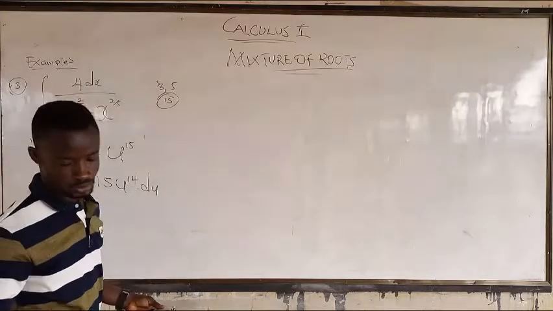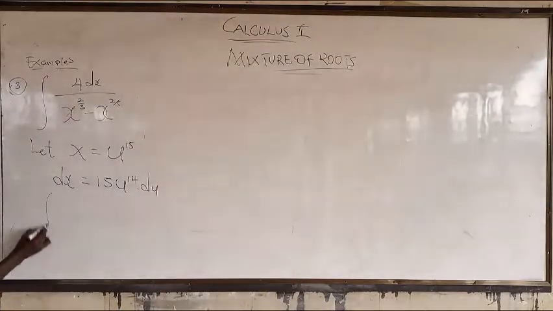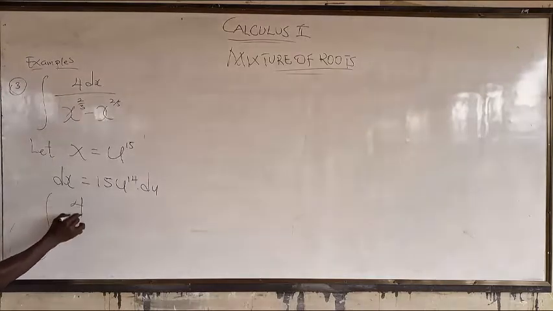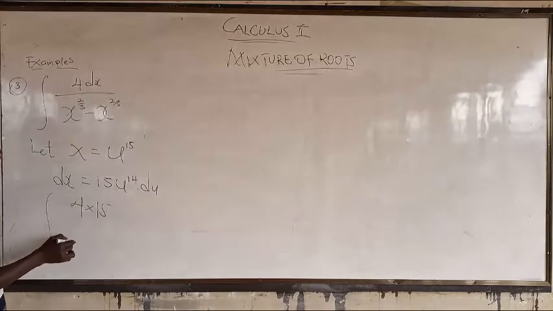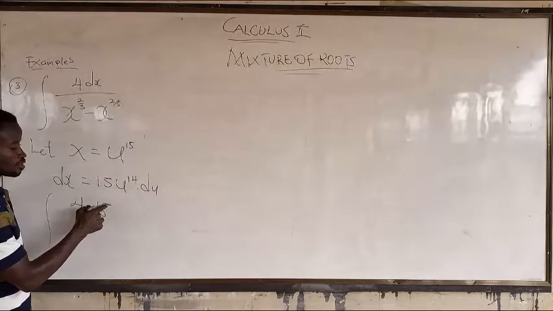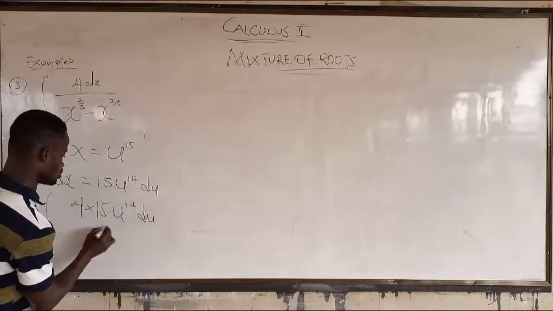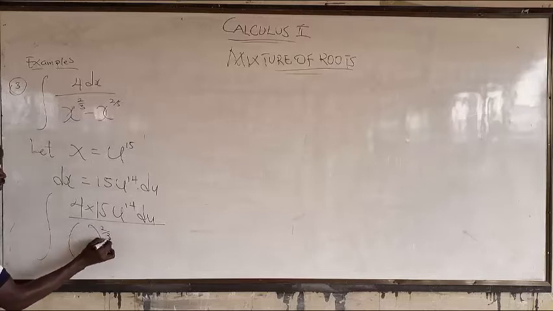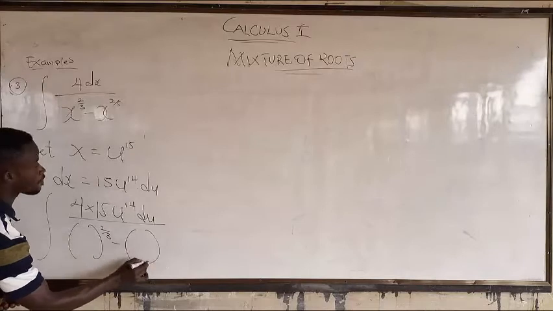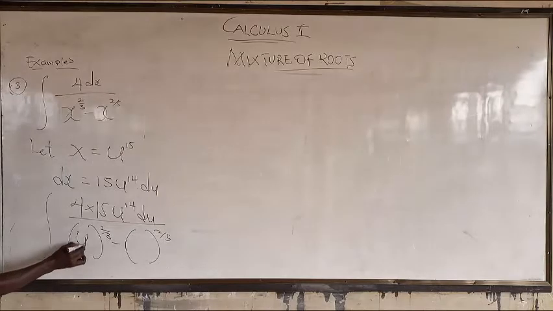Very good. So we go and do the substitution. Now, with the substitution, we have here 4 multiplying dx, and dx is 15 u raised to the power 14 du, and the whole of this is over 2 over 3, 2 over 5, and x is u raised to the power 15.